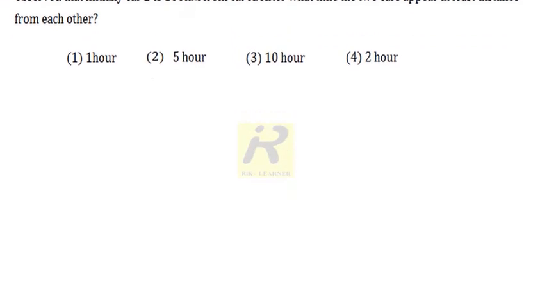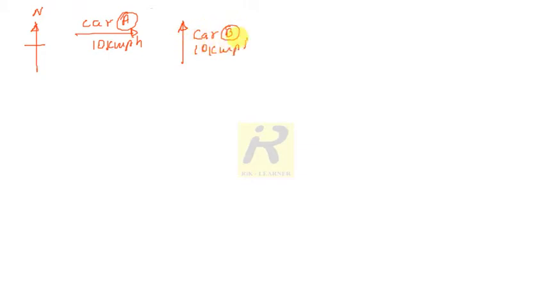To answer this question, I assume the navigation like this. This is north. Car A is moving in this direction with a speed of 10 km per hour and car B is moving in this direction with a speed of 10 km per hour.